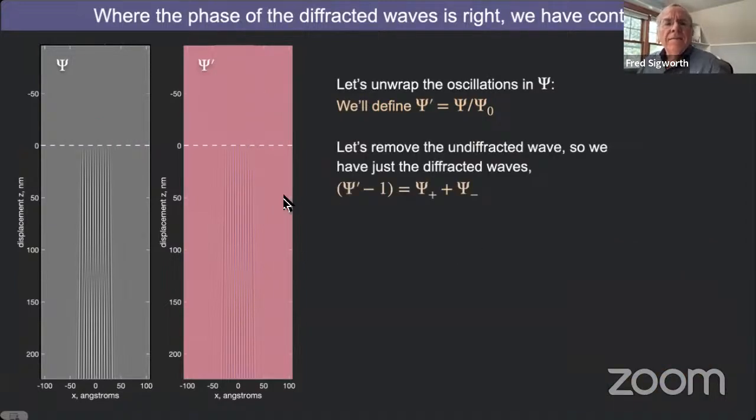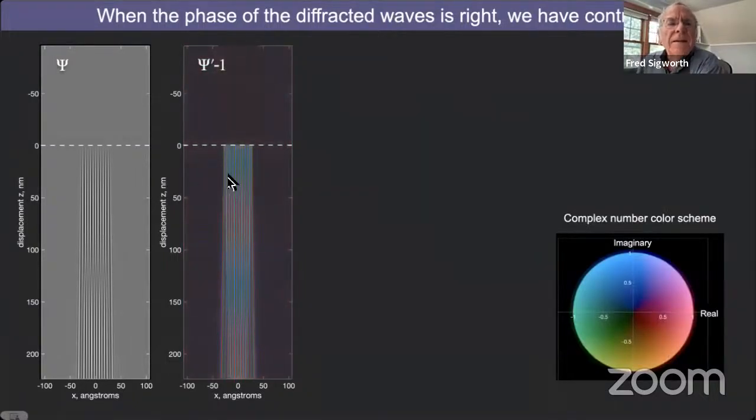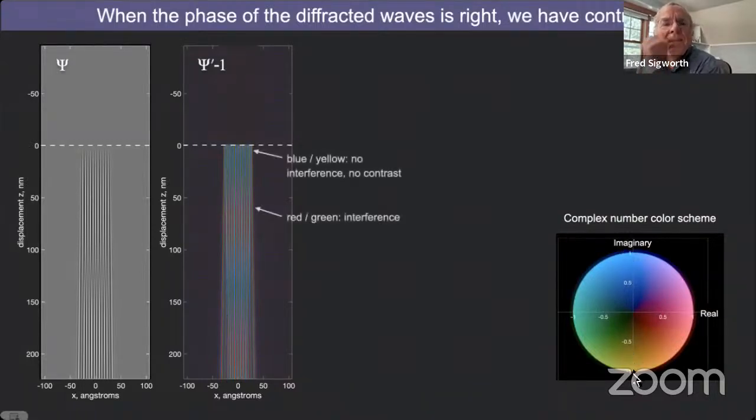Now the next trick is let's get rid of the undiffracted waves so we can see what those 2 diffracted waves are doing. So here they are, and I've colored them according to phase, and you can see up here, yes, they're imaginary. We see blue and yellow, meaning it has an imaginary amplitude, and here is red and green.